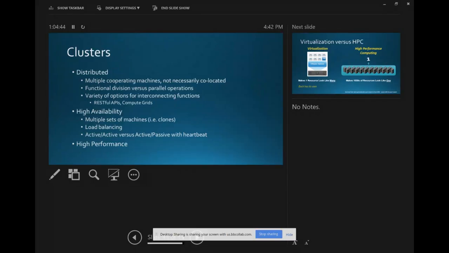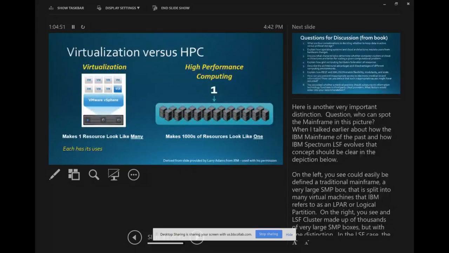So high performance. I'm trying to figure out what would be a good way to describe high performance. Yesterday IBM came in and we were talking about things. He had this great slide, so I stole it from him with his permission, of course. What is the difference between virtualization, where I have lots and lots of machines, and high performance computing?